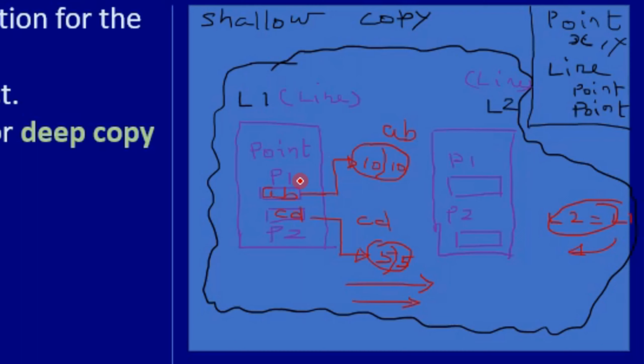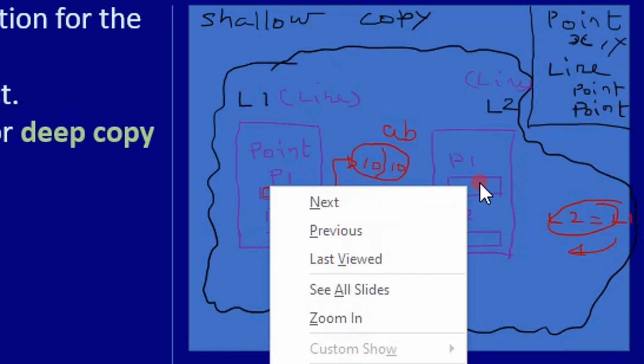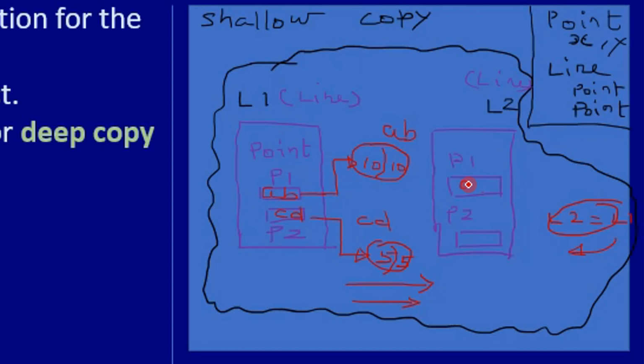The content from P1 to P1 copy will occur. When the copy occurs, the content AB will get transferred here. It's a bit pattern copy. Shallow copy means a bit pattern copy. So here the same bits get transferred, and here CD will get transferred.